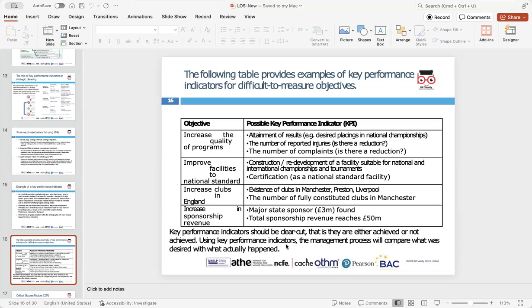For instance, to increase the quality of players, one might measure desired results in competitions, track reported injuries, or monitor the number of complaints. Similarly, when improving facilities to national standards, the completion of construction or certification can serve as KPIs.